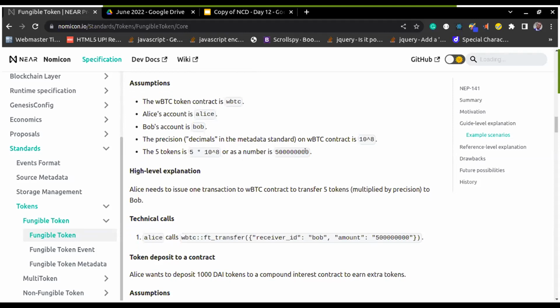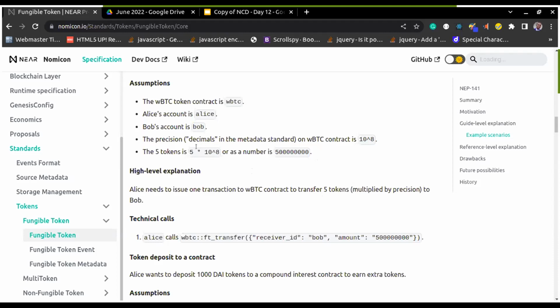And that would basically amount to what we can see over there, with quite a number of zeros after it. So in this case, Alice needs to issue one transaction to the FT smart contract, to transfer 5 tokens multiplied by the precision, okay, to Bob.